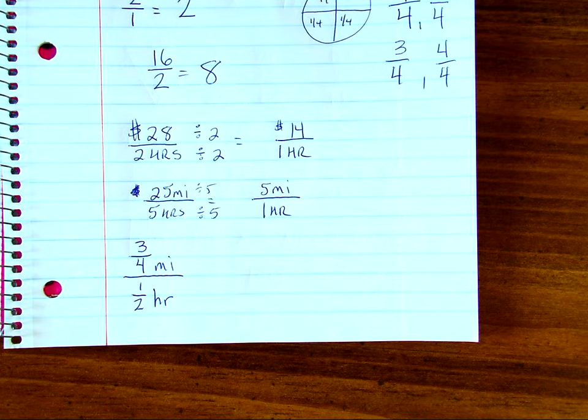The process to get, remember this, we are finding a unit rate, Maddie, which means we have to have what in the denominator? Faith. We are finding a unit rate.